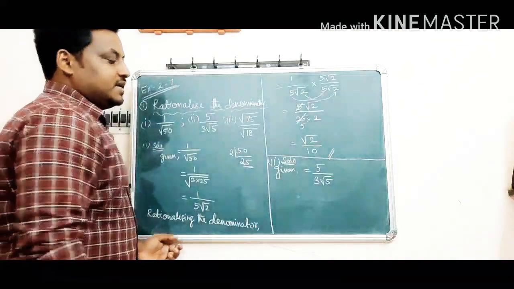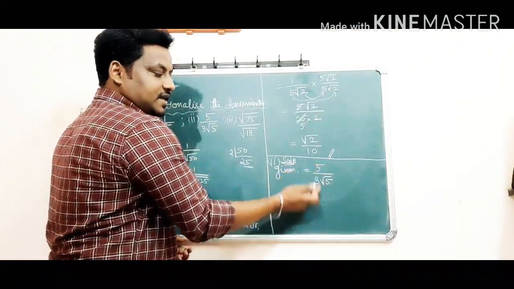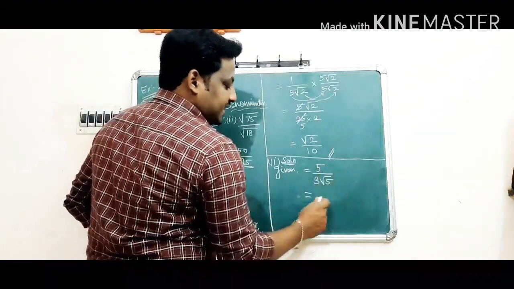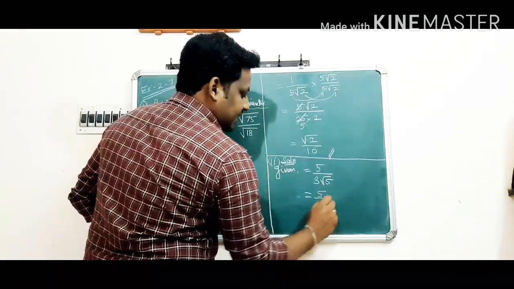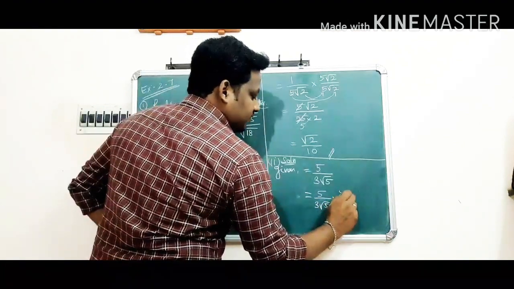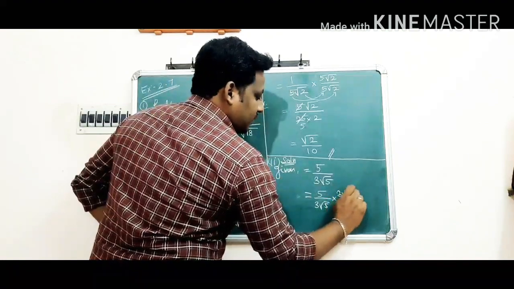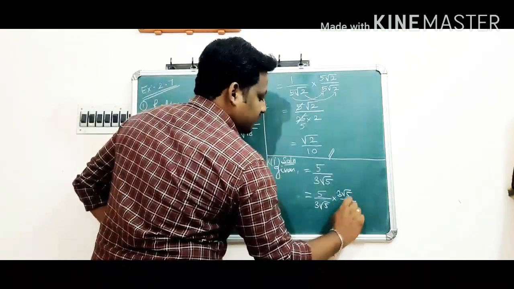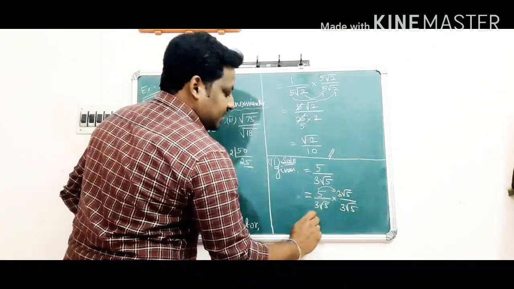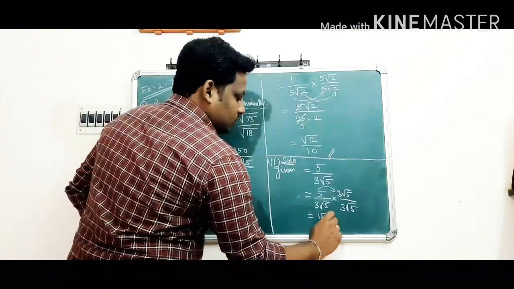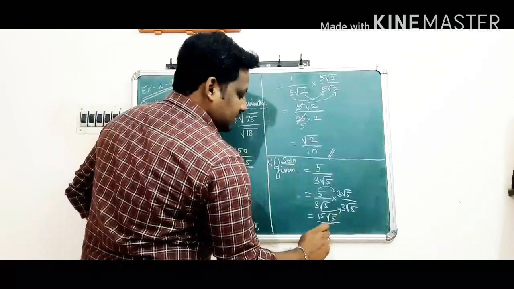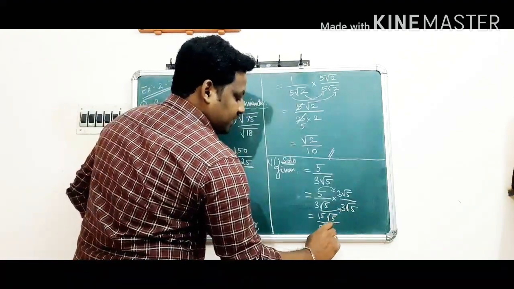So here directly we have to multiply both numerator and denominator, which means 5 divided by 3 root 5 will be multiplied with 3 root 5 divided by 3 root 5. Then only the root will be cancelled. So 5 3s are 15 root 5 divided by 3 3s are 9, root 5 into root 5, 5.